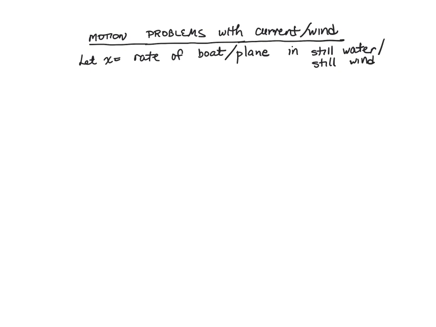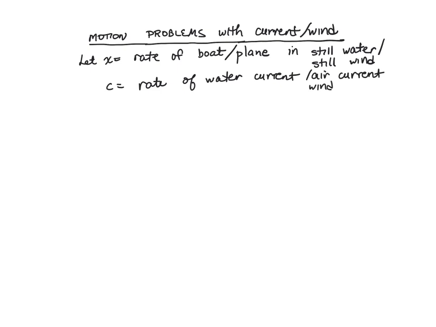In other words, it's just the rate of the boat or the plane going by itself. C would represent the rate of the water current or the air current or wind current.